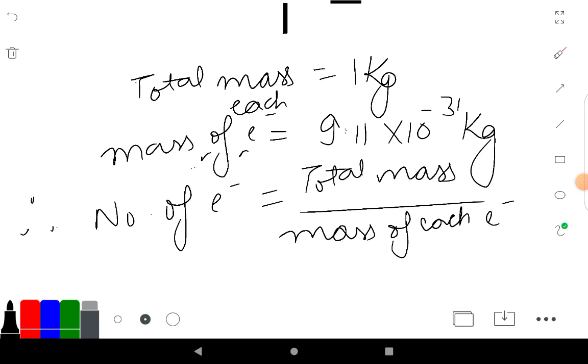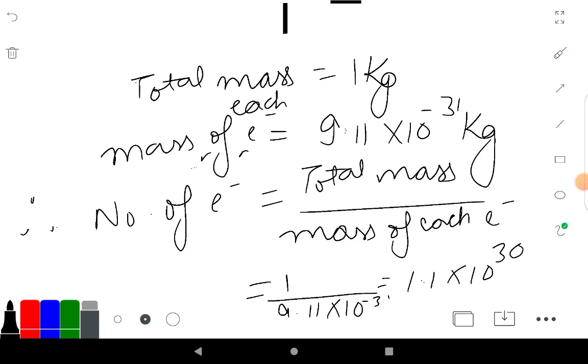So putting in the values, we get 1 upon 9.11 into 10 to the power minus 31. We can solve and we'll get it as 1.1 into 10 to the power 30. If any doubt, you can put it in the comment section. So this is the first question which we have covered. Now moving on to the next question.